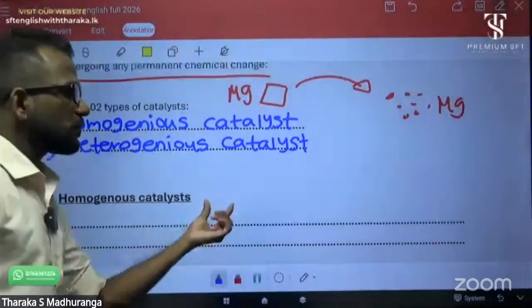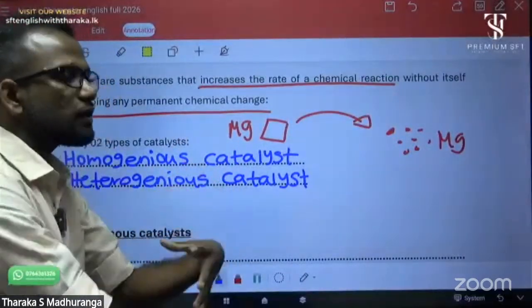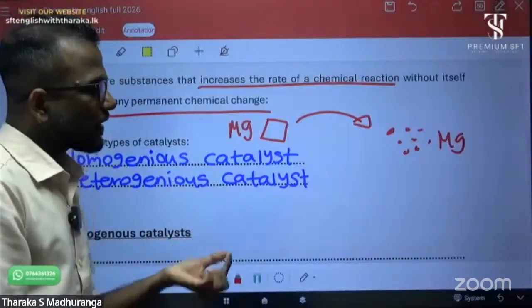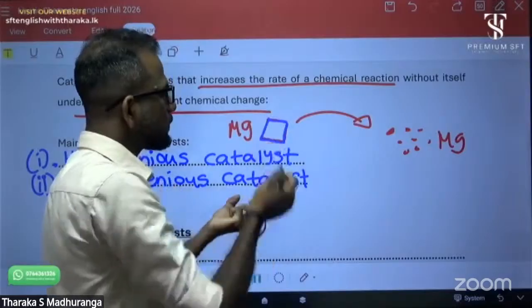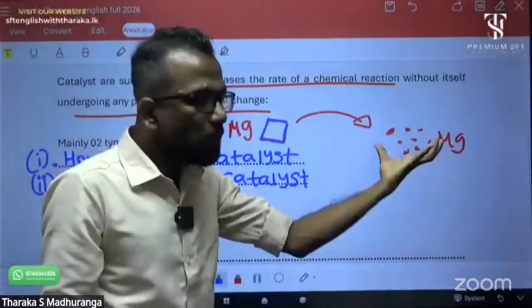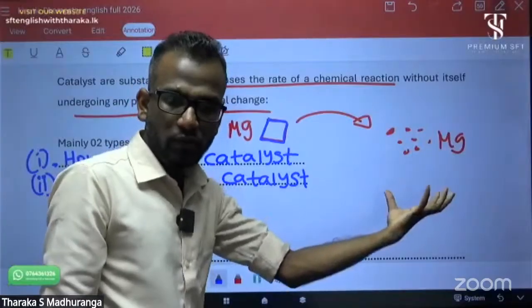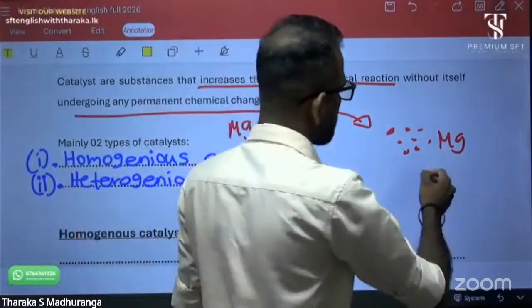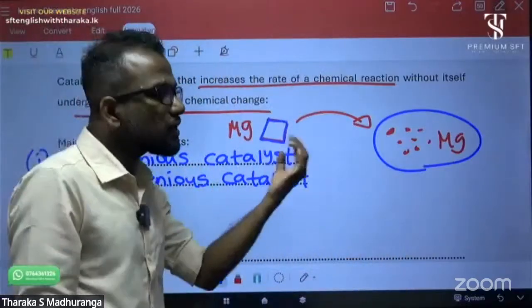I told you this catalyst increases the rate of chemical reactions without any chemical changes. But physical changes are possible. If you add magnesium solid, it is converted into powder, but it is still magnesium, right? The physical state changes, but there are no chemical changes.